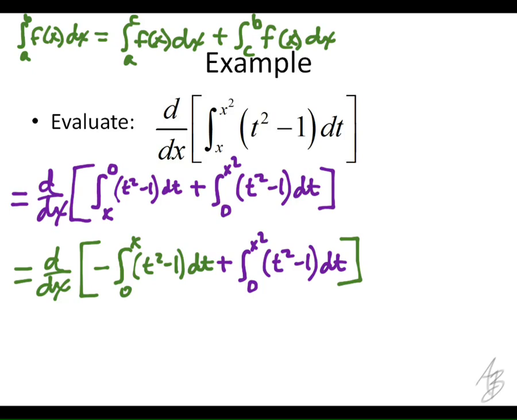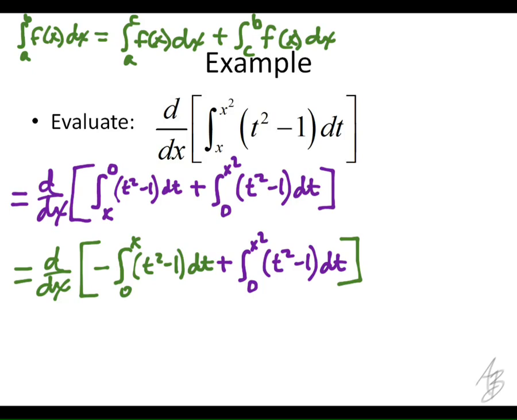Okay, so at this point, we have a constant in the lower limit for both integrals, and we have a variable in the upper limit. And remember our rule for derivatives, this goes way back to chapter 3. The derivative of a sum is equal to the sum of the derivatives, so I can take the derivative of this and the derivative of this and do them separately. So to do that, we're going to use the fundamental theorem.